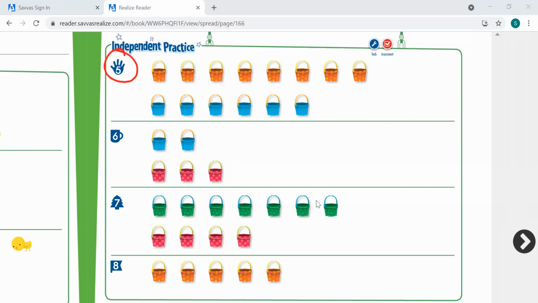Now for number 6 and 7, you're going to compare the groups, and then you're going to draw a circle around the group that is less in number than the other group for these two. Now on the last problem, number 8, I want you to draw a group of buckets that is greater in number than the group that is shown.